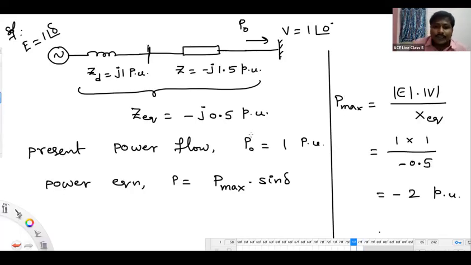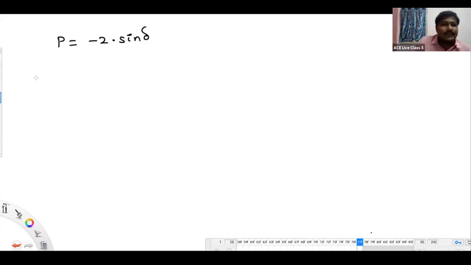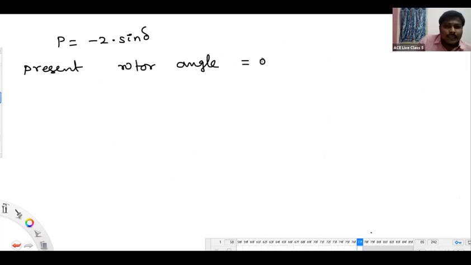Now you assume that the initial rotor angle, or present rotor angle, is delta naught. So at the delta naught angle, if you write this power P naught, it will come to be minus 2 sine delta naught.